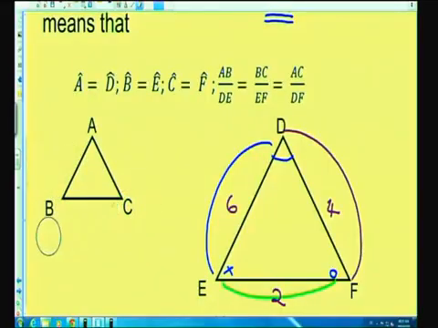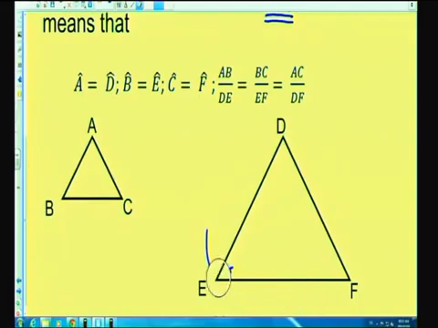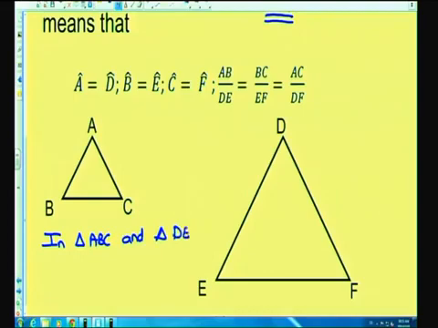I don't want to really have them interfere, but I want to spend a few seconds mentioning something more about this story. When we work with this similarity, we actually have to be very careful how we set it out. So what we would do is we'd always start by saying in triangle ABC and triangle DEF.